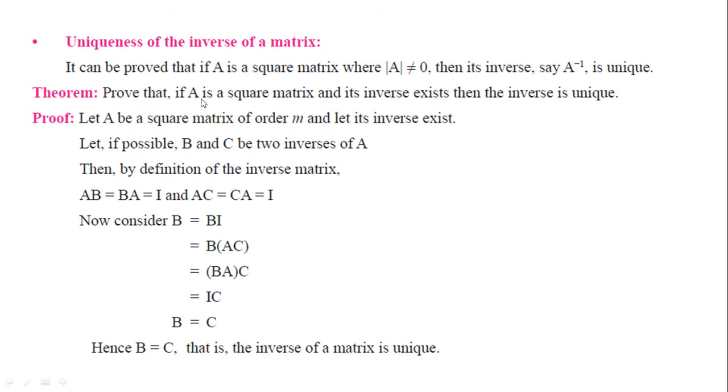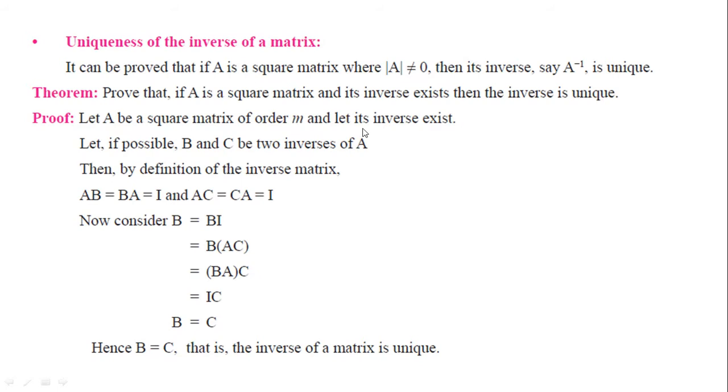Prove that if A is a square matrix and its inverse exists, then the inverse is unique. Now we will prove this uniqueness of the inverse. So the inverse exists, but whether it is unique or not, that we will discuss in this proof. So let us see the proof. Suppose A is a square matrix of order m and let its inverse exist.